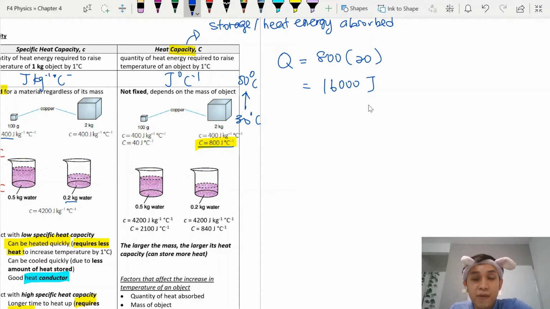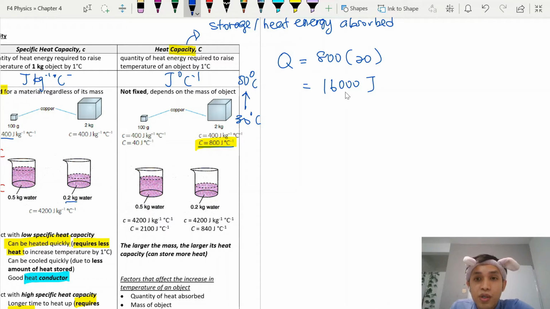If I wish to calculate the mass of the copper, I need the specific heat capacity to do so. I'm going to show you how I calculate the mass of the copper.